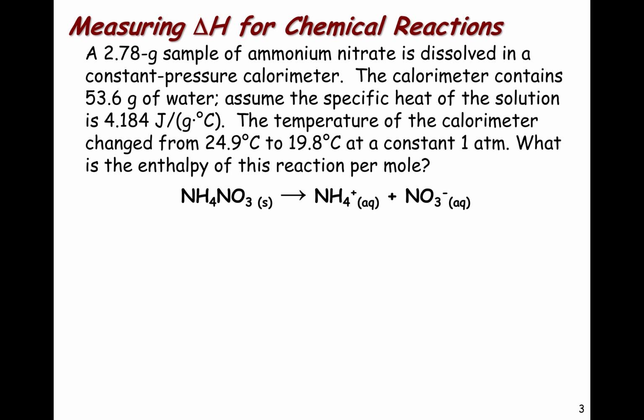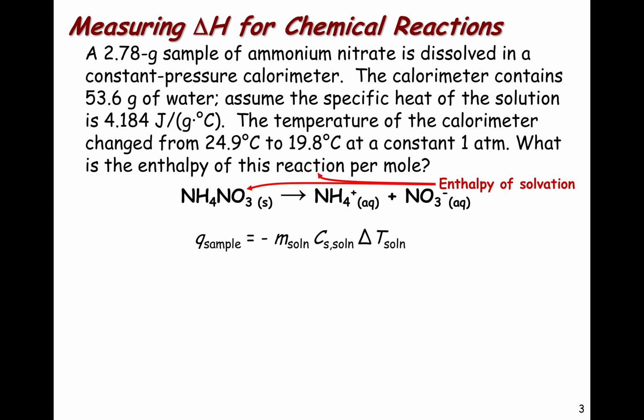The question asks, what is the enthalpy of this reaction per mole of the ammonium nitrate? So in this case, the enthalpy is for the process of dissolving the ammonium nitrate.